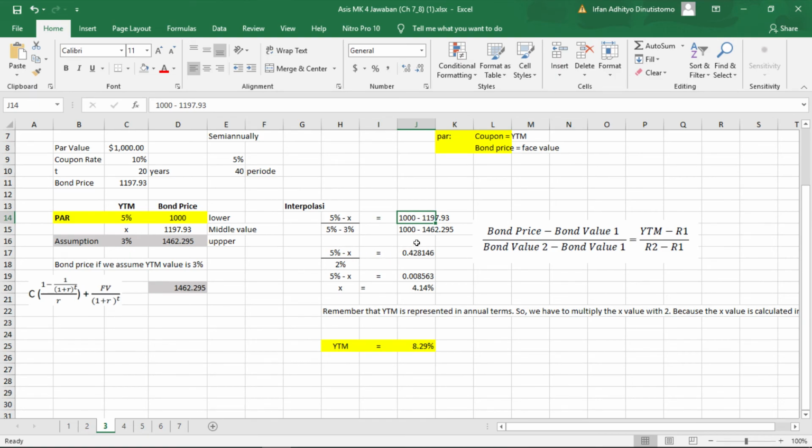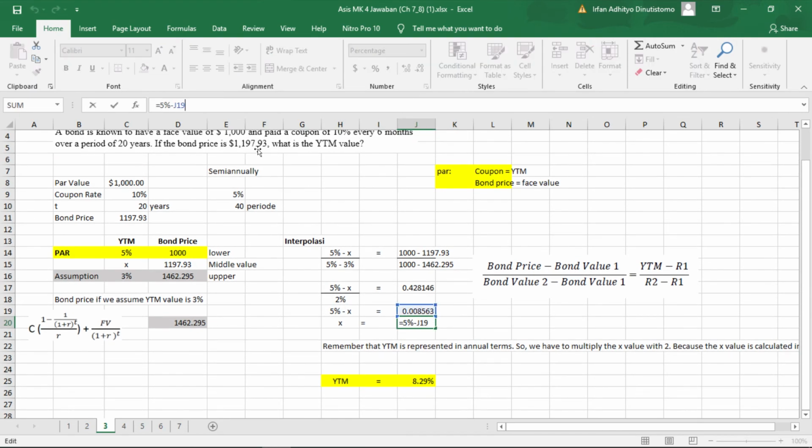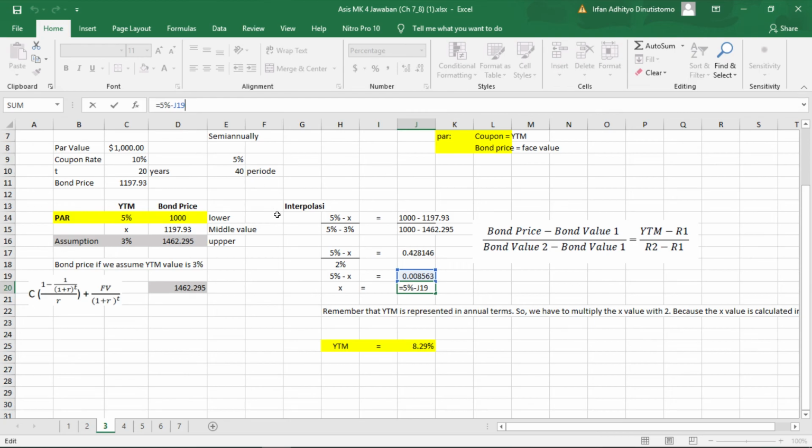So you have this one, this will result from the calculation, and you're going to have this one multiplied, just switching sides, and then voila, you got the value of the yield to maturity.